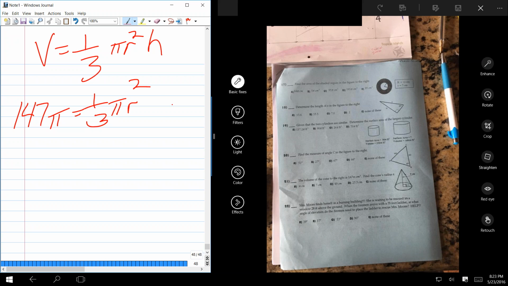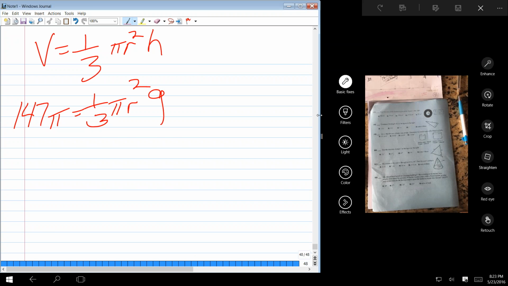And they gave us the height of 9. Solve that. Okay, so the pi's would cancel out. So it'd be 147 is equal to 1/3 r squared times 9. Combine the 1/3 and the 9.